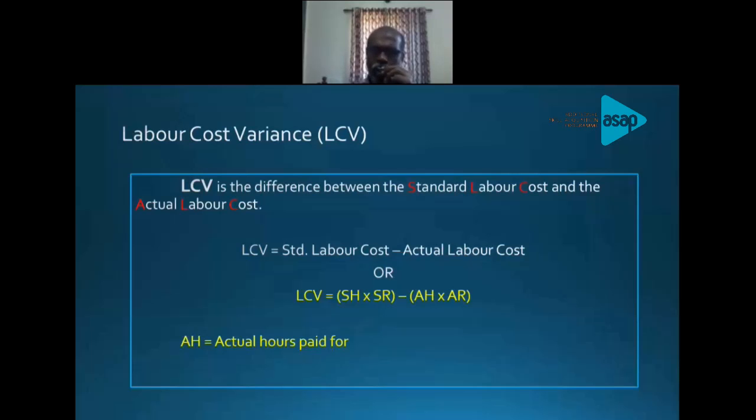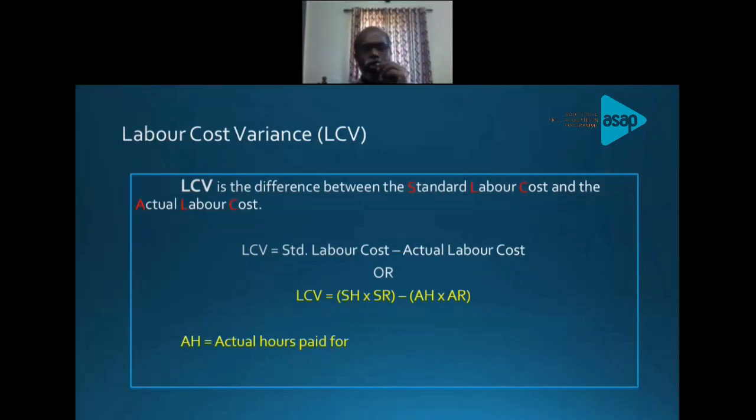So there will be standard time, that is the standard time for producing a given output. There will be standard rate, that is the labor cost per hour or per unit of output.